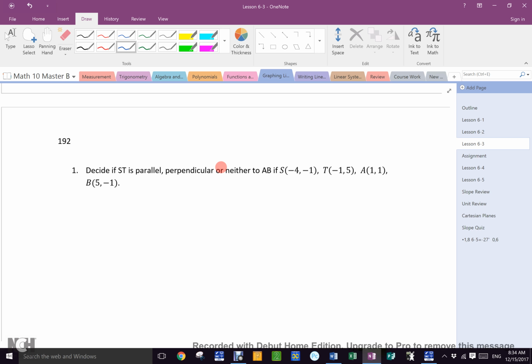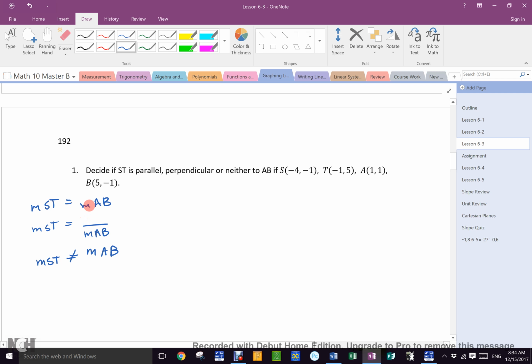So I have to decide if the slope of ST equals the slope of AB, or if it equals the negative 1 over the slope of AB, or I have to decide if they don't equal each other in any way.